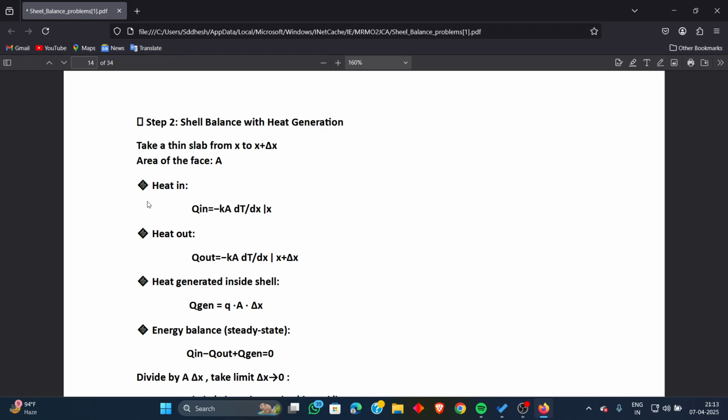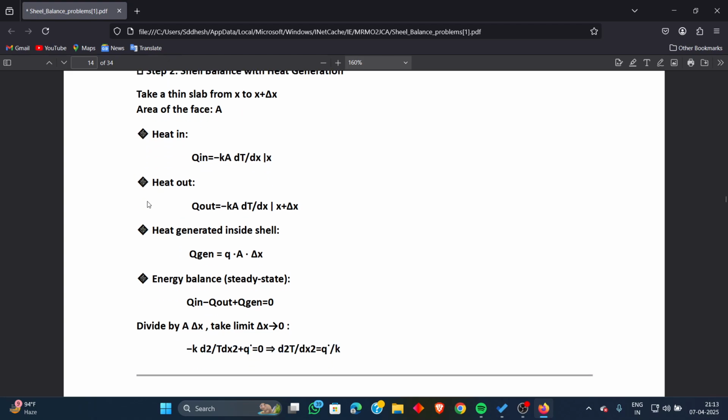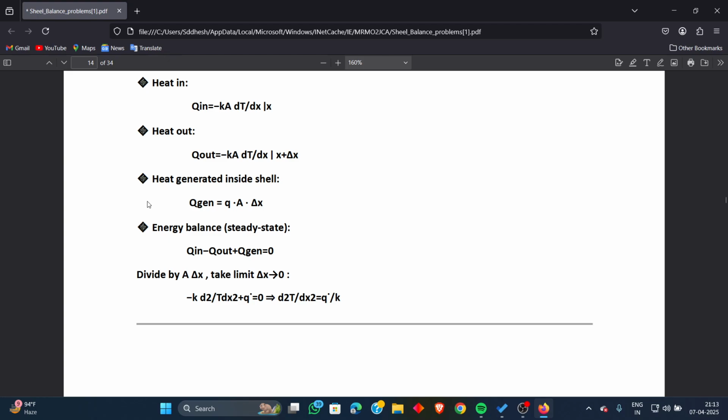Heat out, Q out is minus K A dT by dx at x plus delta x. Heat generated inside the wall, Q generation is equal to Q dot into A into delta x. Energy balance in steady state is Q in minus Q out plus Q generation is equal to 0.